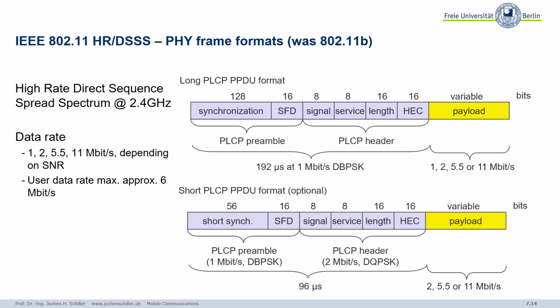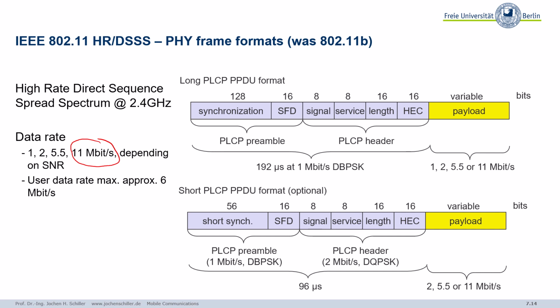And then follows the so-called high-rate direct sequence spread spectrum system. This physical layer is quite prominent. It was called the 802.11b, and the 11b devices reached already up to 11 megabit per second, depending on signal-to-noise ratio, at 2.4 gigahertz.